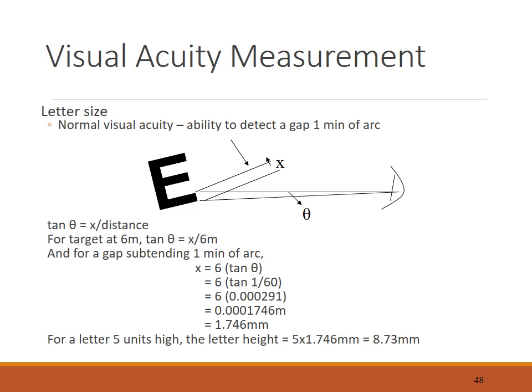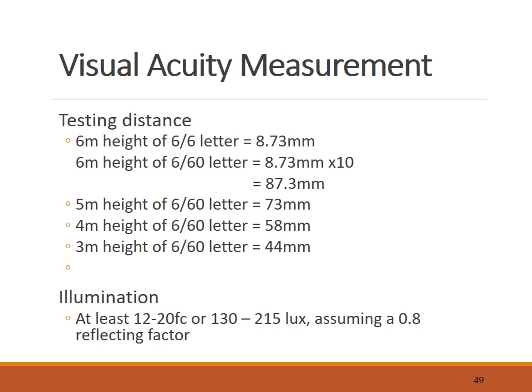Visual acuity measurement: this is a formula for how to calculate the size of the Snellen chart that we use currently. I think you have learned this in optic instrumentation. Please refer to your previous lecture to understand this calculation. This is the calculation for the size of the letter in the Snellen chart if you are testing at a different distance.